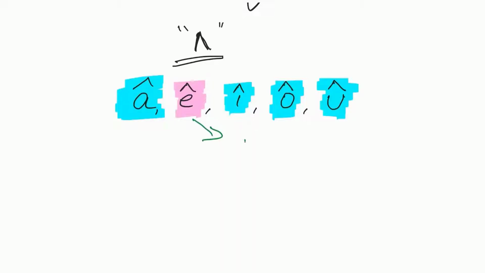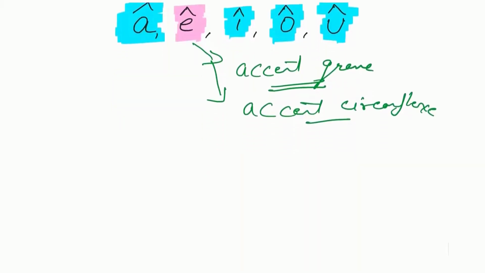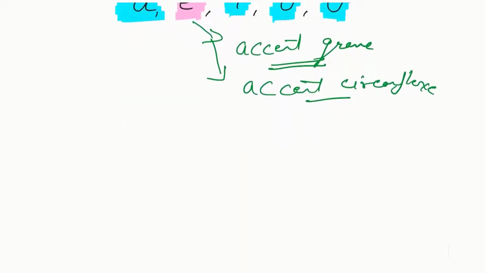This we have done with accent grave. Accent grave sound was "ah", same like accent circonflexe. So both accent grave and accent circonflexe have the same sound, "ah". Okay? So let's do some examples and it will be clear to you.